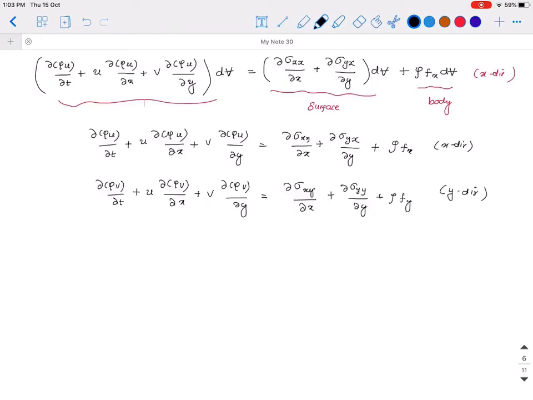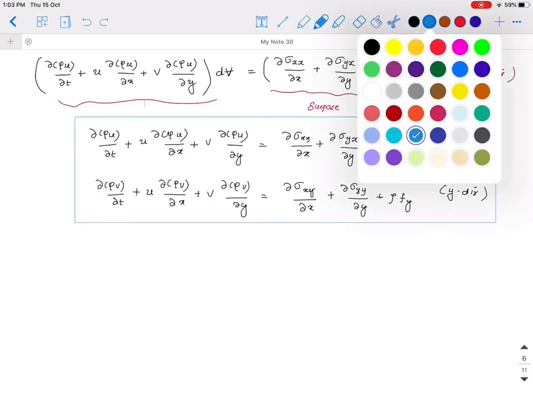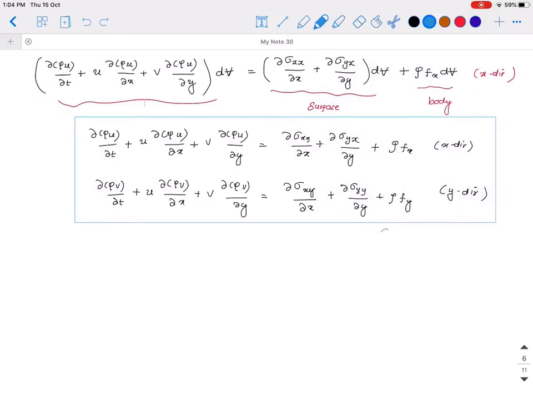Okay, y direction. So these equations what we have written here, they are called Cauchy equations.